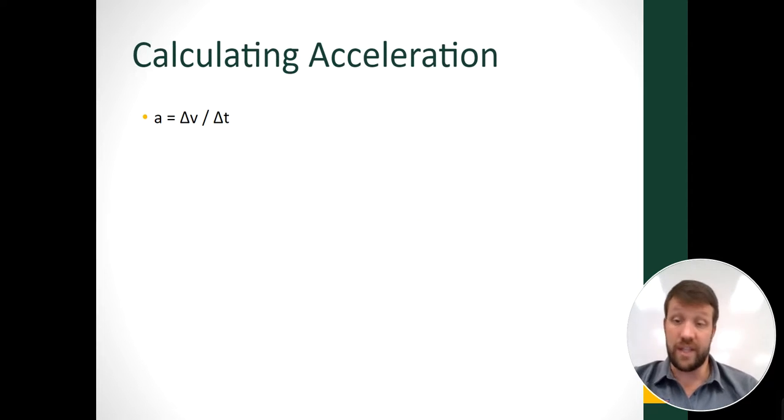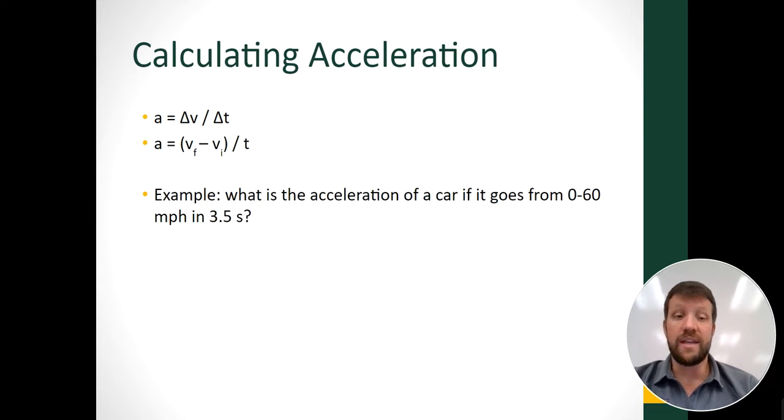When we calculate acceleration, we need to have a change in velocity over a change in time. So that's final minus initial velocity, again over time. And if we looked at a quick example right here, I do want to mention this one real quick because I think it's very important. I want to know what the acceleration of a car is if it goes from 0 to 60 miles per hour in 3.5 seconds. And these are both things that are commonly referred to, right?